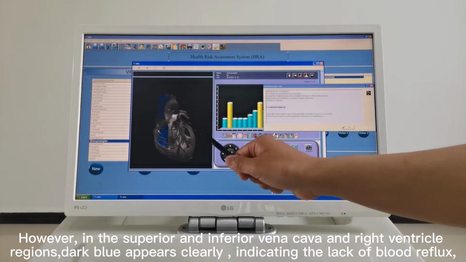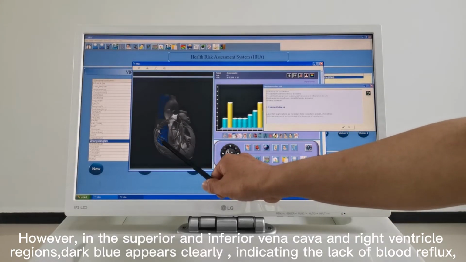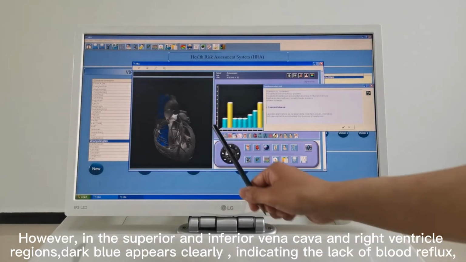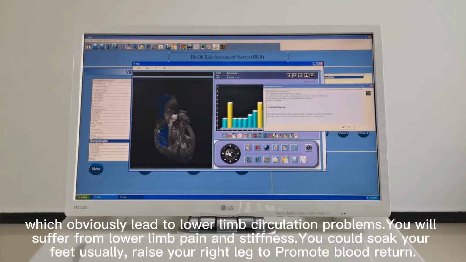However, in the superior and inferior vena cava and the right ventricle region, dark blue appears clearly, indicating the lack of blood reflux, which obviously leads to lower limb circulation problems. You will suffer from lower limb pain and stiffness, and I suggest you soak your feet regularly and raise your legs to promote blood return.